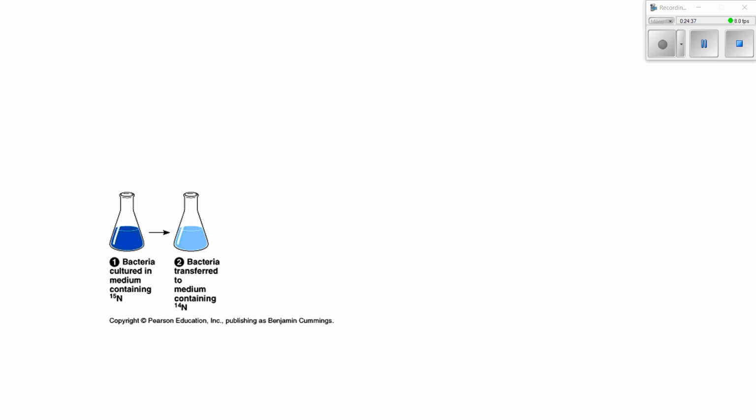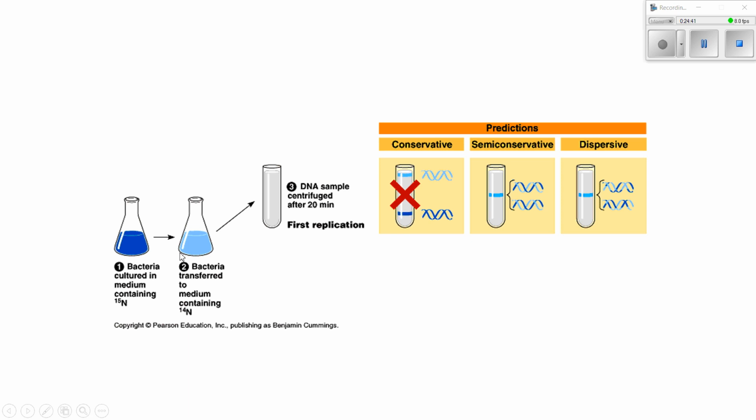The first time they were left for 20 minutes, and then the second time for 40 minutes. So after 20 minutes, when they extracted the DNA from these bacteria, put it in the test tube with the cesium chloride, and spun it in the centrifuge, they got one band.